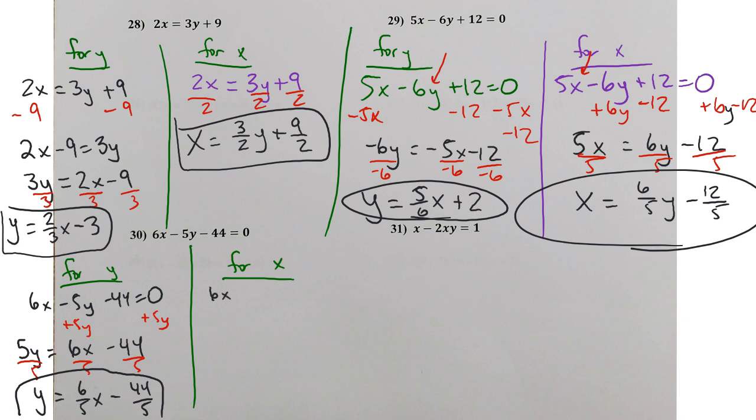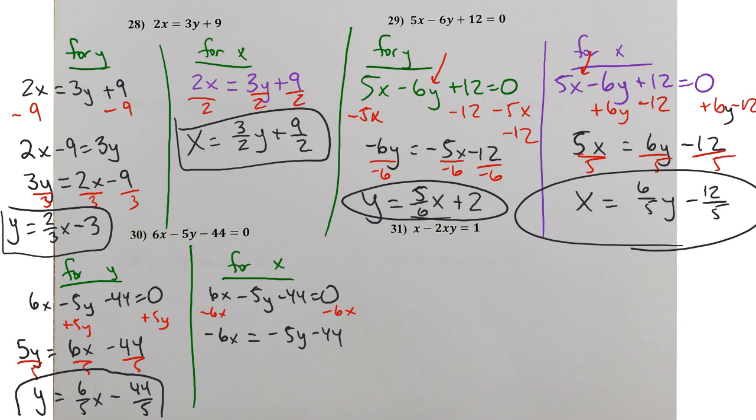Same thing with x. 6x minus 5y minus 44 equals 0. Somebody asked if they could just subtract 6x from both sides first because they see it's only moving one thing, versus in 29 we moved multiple things to start. That's fine with me. And then I'm going to write the negative 6x on the left equals negative 5y minus 44.